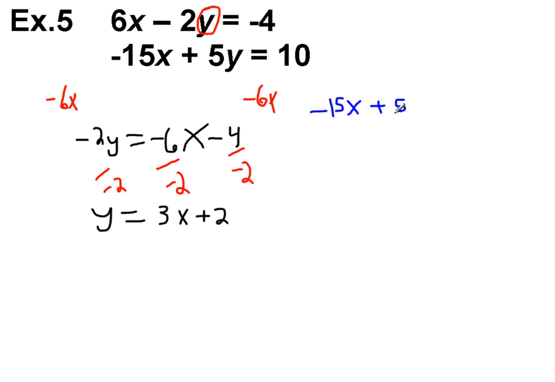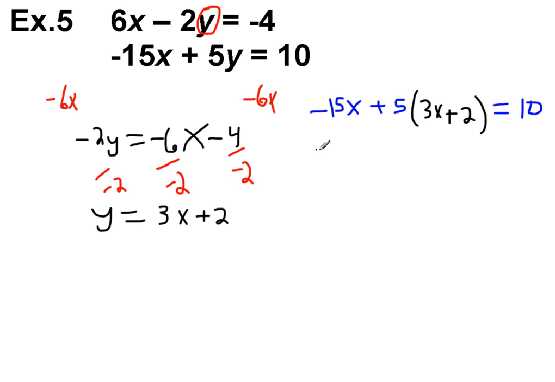But when I come to y, we have figured out that y is 3x plus 2. So I'm going to put this in parentheses and substitute in for y 3x plus 2. And then that equals 10.